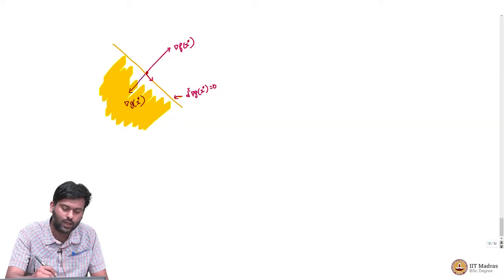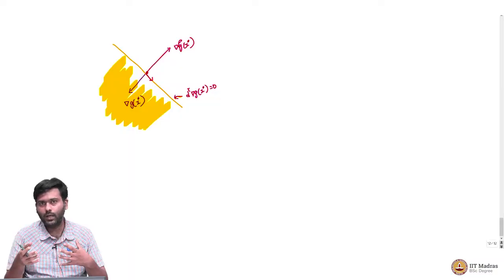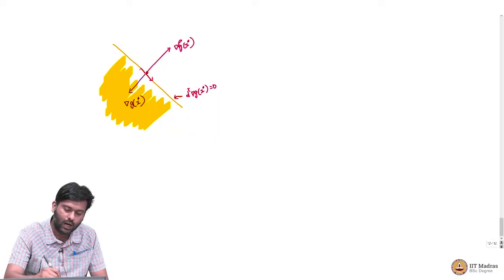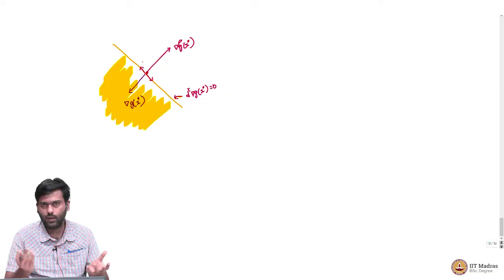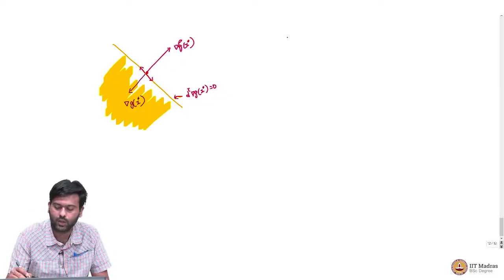If I move in this direction, it is also going to make a dot product of 0 with del of f. So, it is not really a descent direction; only when it is strictly less than 0 does it become a descent direction, which means that on the line I can still move and I will not be able to descend, right. So, this is in fact an okay configuration.